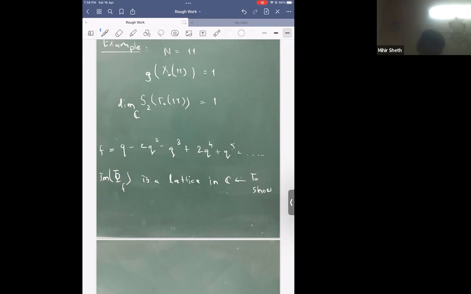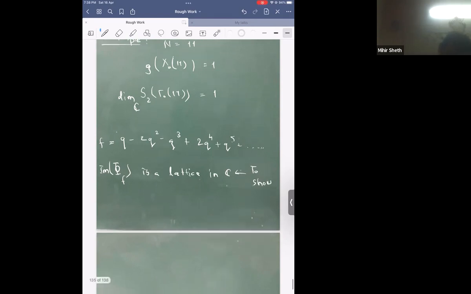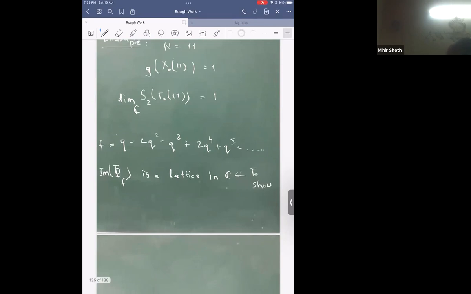Okay, so for that, we look at this congruence subgroup Gamma_0(11).